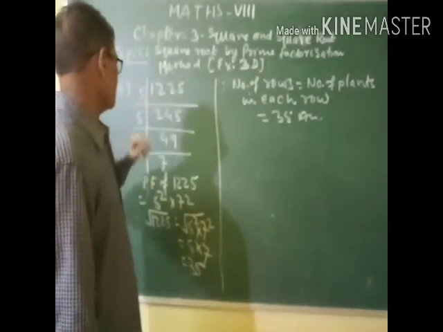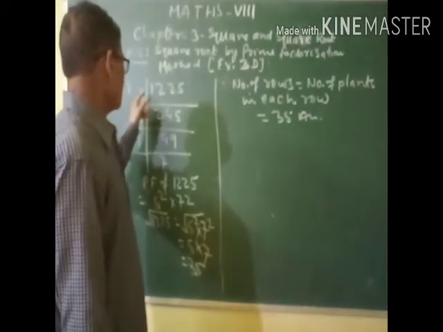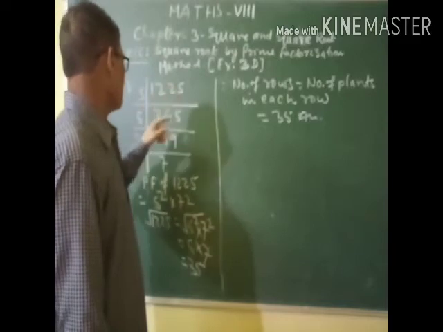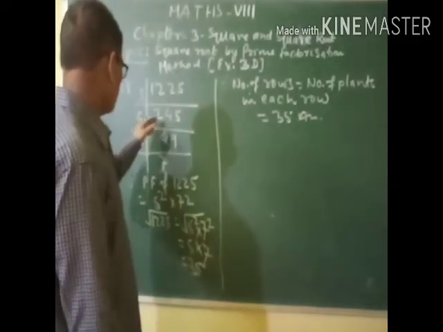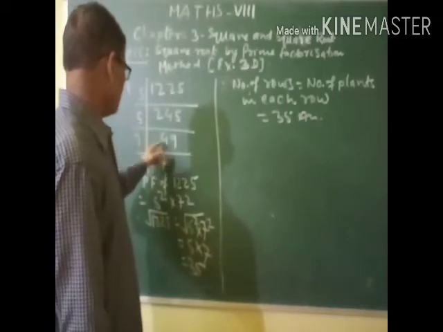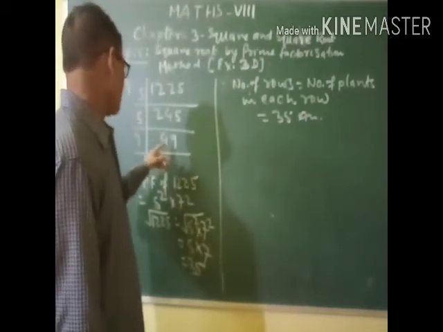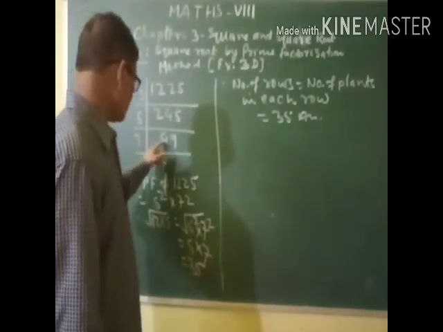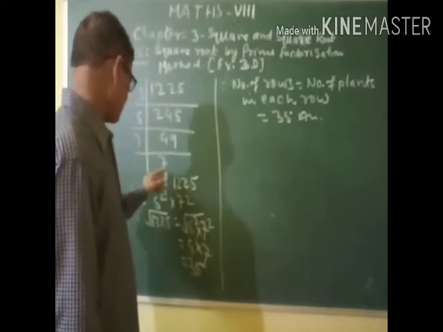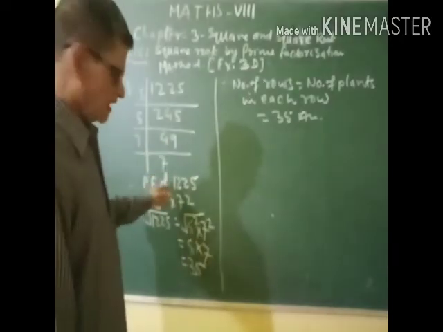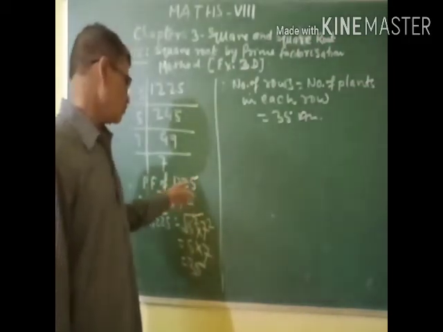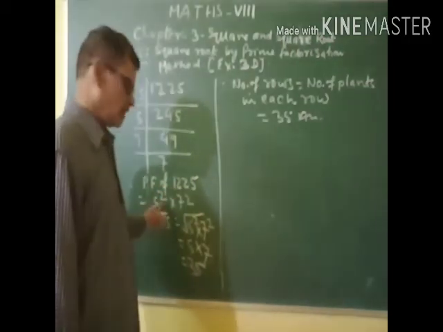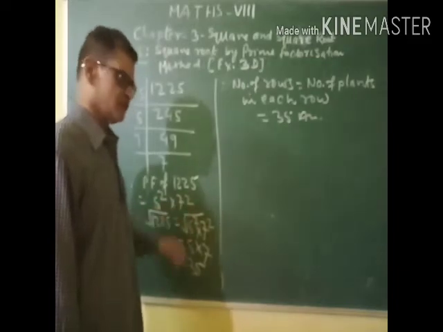It is divisible by 5. If we divide 1225 by 5, we get 245. Again divide it by 5, you will get 49. This will be divisible by 7. 7 7s are 49. Thus we can write the prime factorization of 1225 equal to 5 square into 7 square.